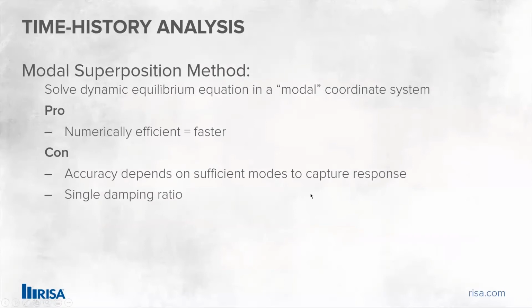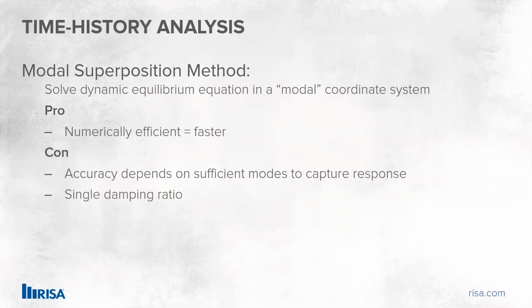Now, the modal superposition method is the second method we can use for the time history. This method is rather complicated. I don't have time to jump into the details of the equations here, but it's essentially a solution based on your modes. Instead of solving it in the physical coordinate system, it's solving it in the modal coordinate system.